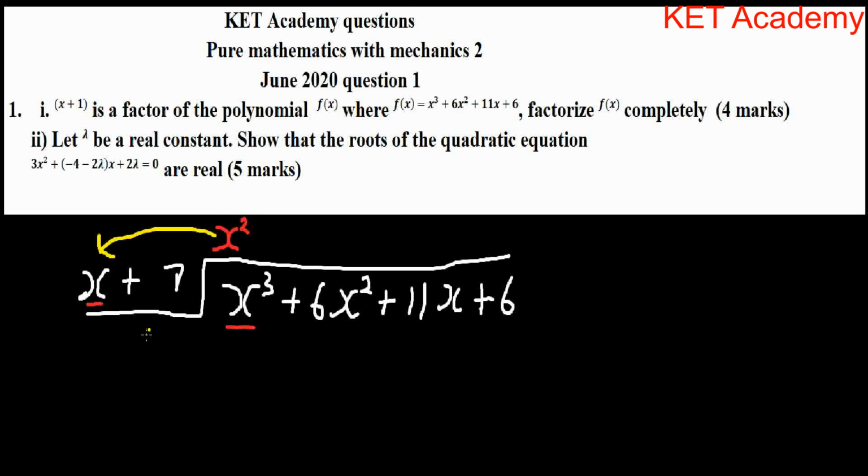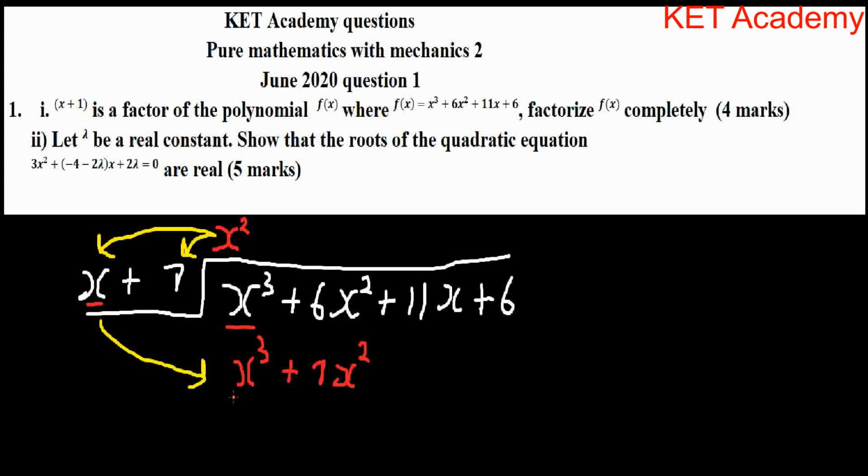This will simply give us back x cubed. Now x squared times 1 will give us 1x squared.